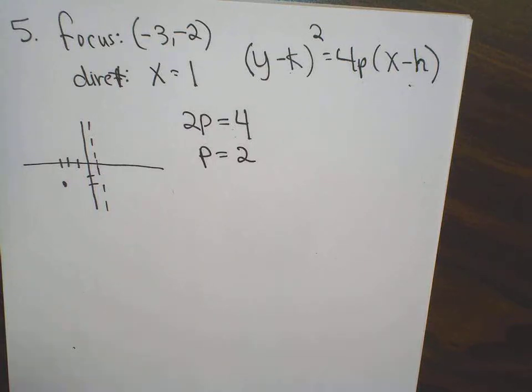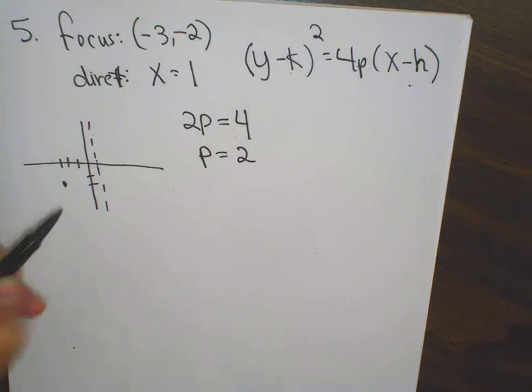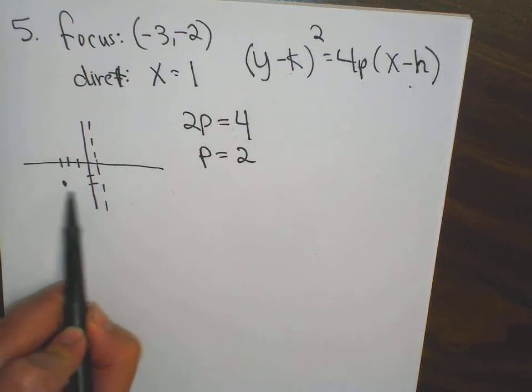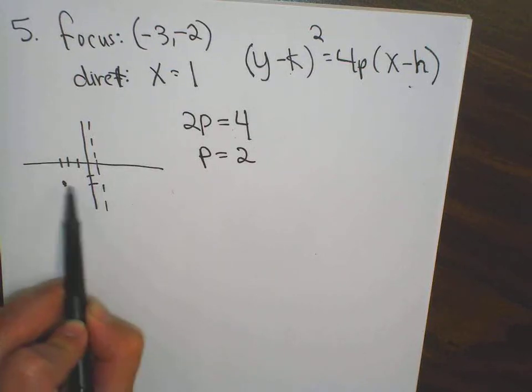So if I want to talk about direction, if this is my focus, where does the focus always have to be? In the bowl, right? So would this parabola be facing to the left or to the right? To the left. And where would my vertex have to be? It has to be halfway between the two, right?